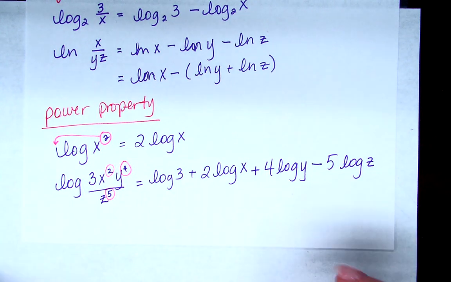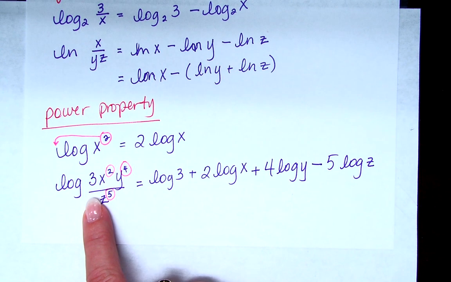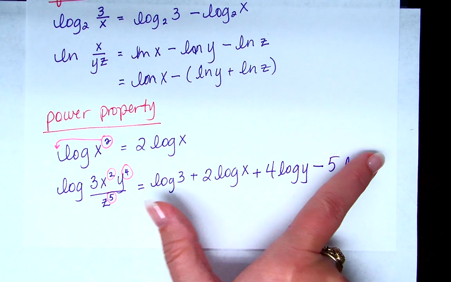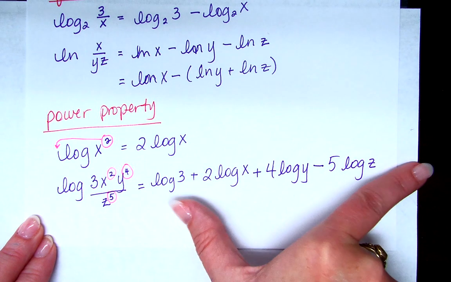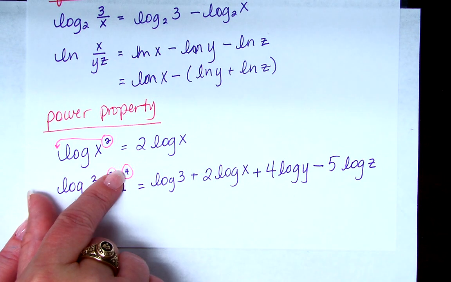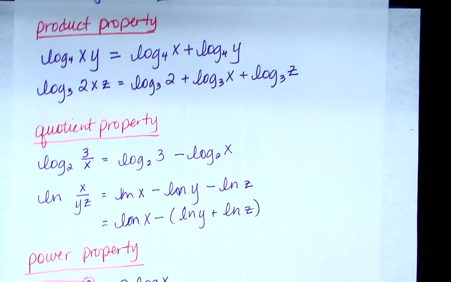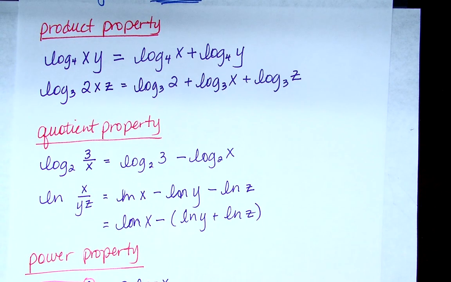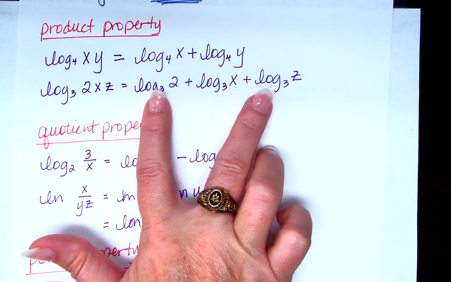If it says rewrite, it just goes backwards. Going from here to here is called condensing. The homework instructions say rewrite as a single logarithm, so it gives you this and wants this.